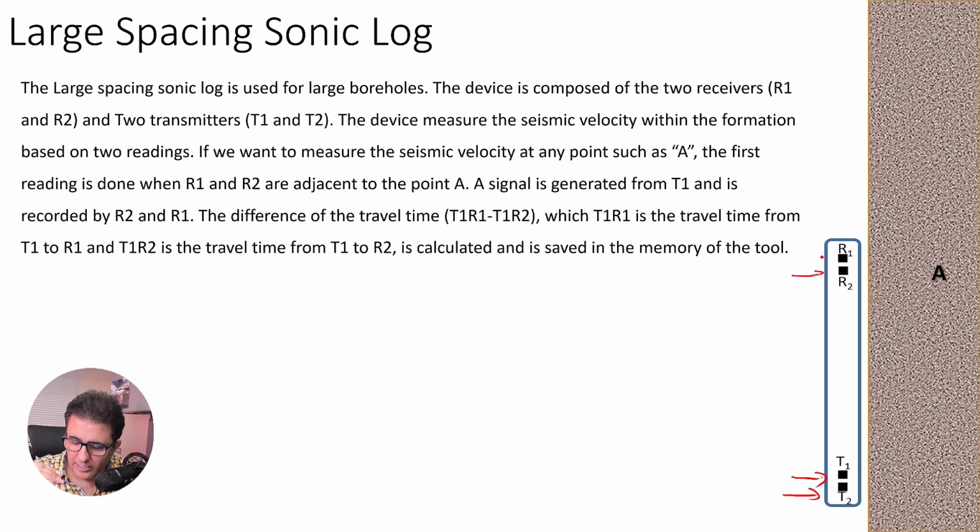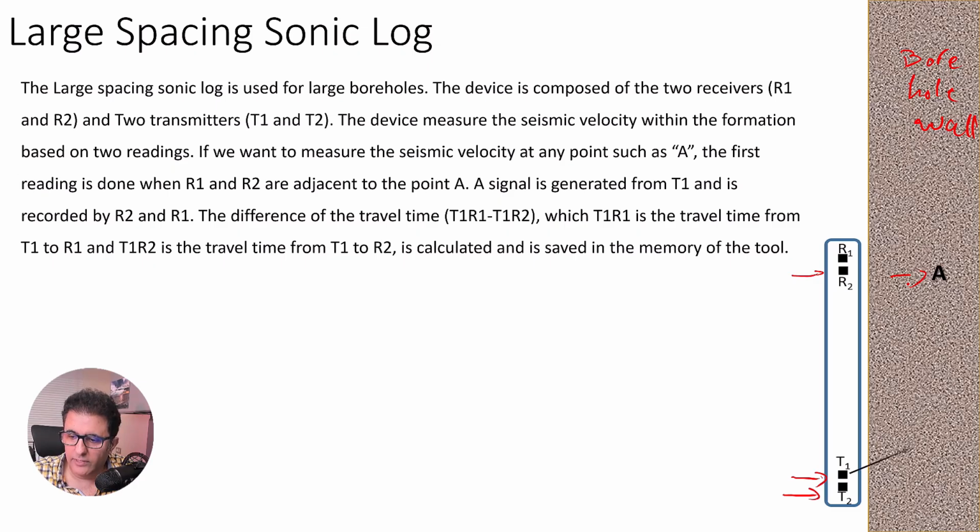And as you see here, the distance between the transducers and receivers is so large, in order to be able to measure the seismic velocity in a large borehole. So assume that here is the borehole wall, and we want to measure the seismic travel time at point A.